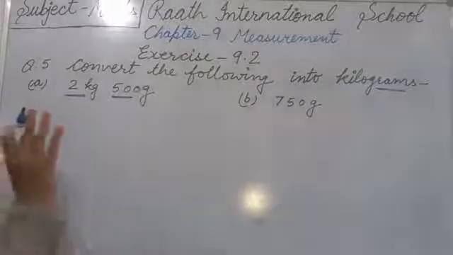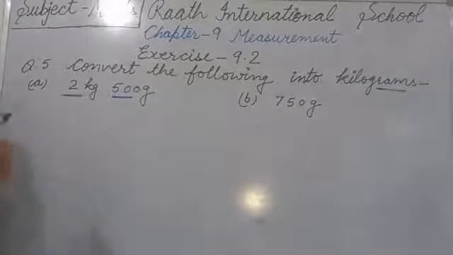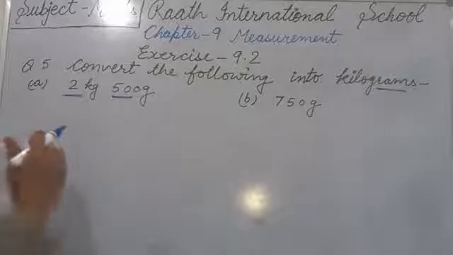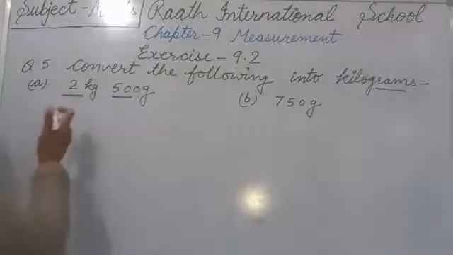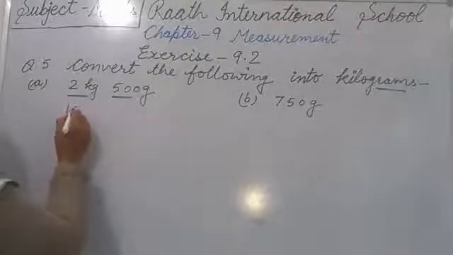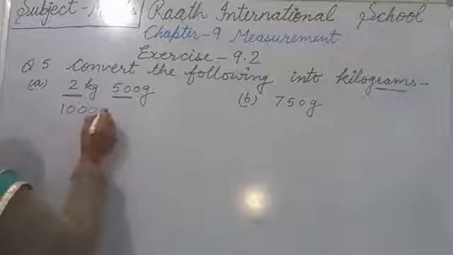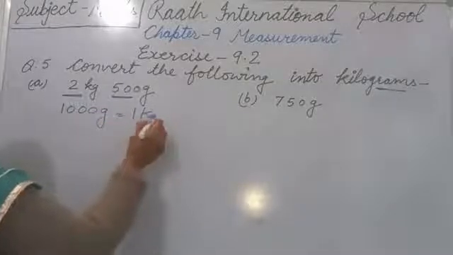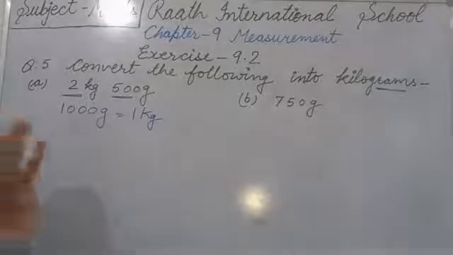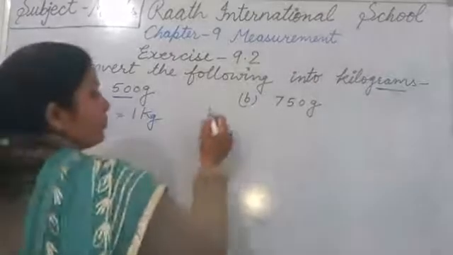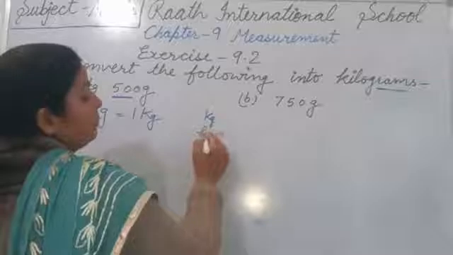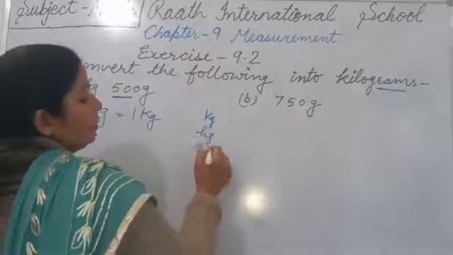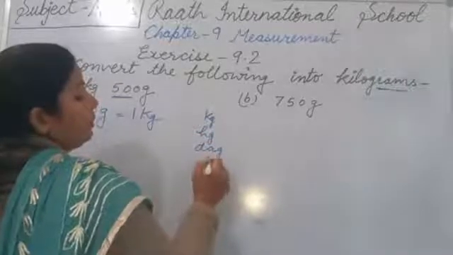Okay, so now first of all we should write the relationship of gram and kg. So as we know, 1000 gram equals to 1 kg. Clear? We know this relationship because kg, hectogram, decagram, and then we have gram.